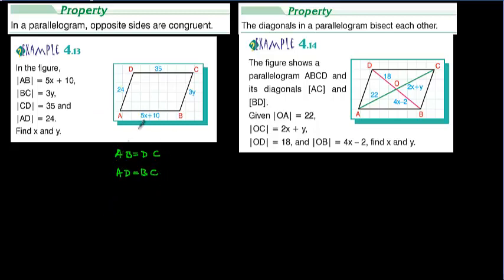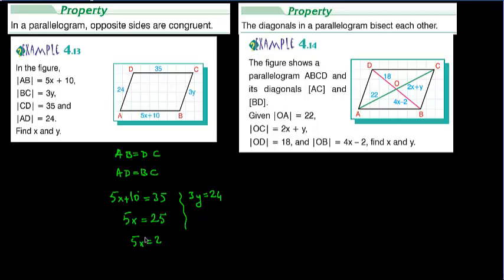With respect to this information, if we solve this question, 5x plus 10 must be equal to 35, and 3y must be equal to 24. 5x is equal to 35 minus 10, which is equal to 25.